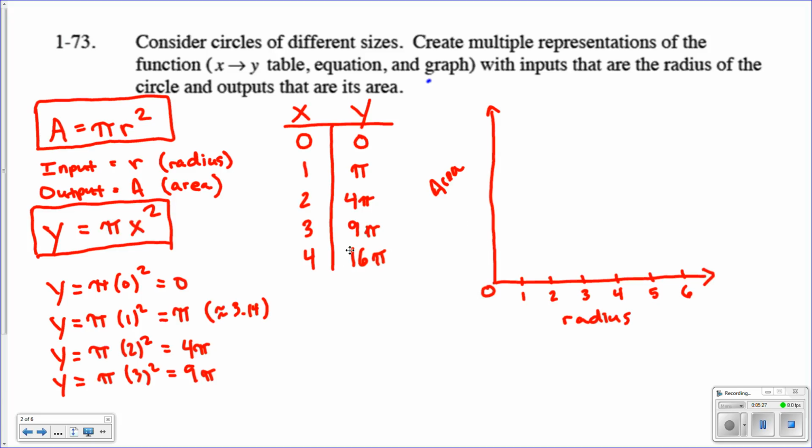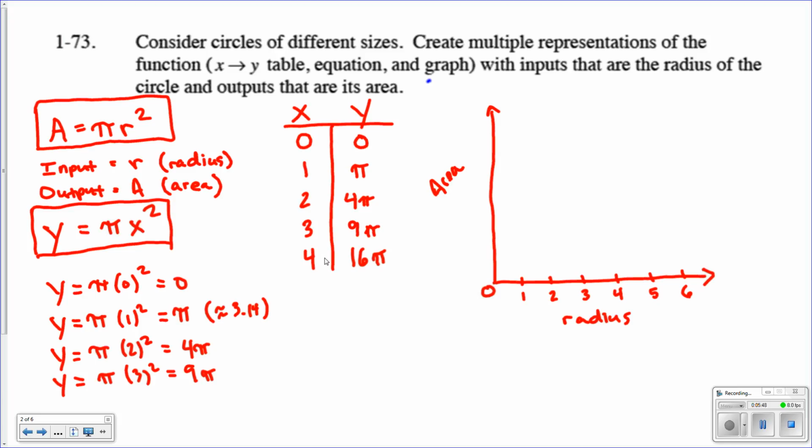All right, so on this side here, if we think about it, this is approximately 3.14. 4 times 3.14, if you think about it, well, 4 times 3 is 12, so you know it's going to be a little bit greater than 12. 9 times 3.14, well, 9 times 3 is 27, so think about how high it's going to be getting.